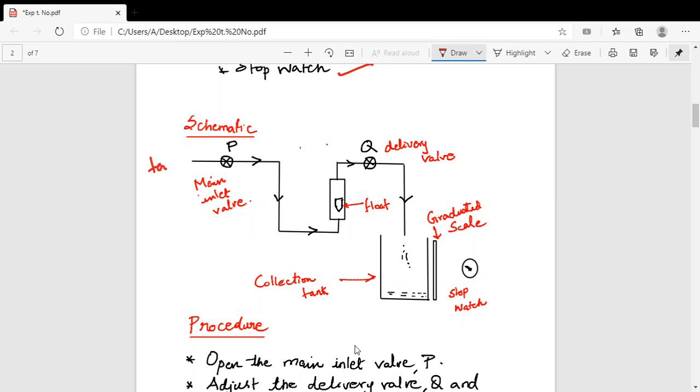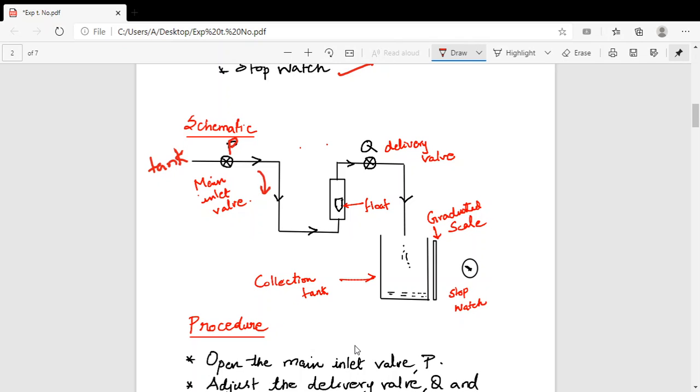The water will be coming from a tank. It passes through a main inlet valve. So P is the main inlet valve and Q is another valve. If you open this inlet valve, water passes through this pipe from the tank to the rotameter.